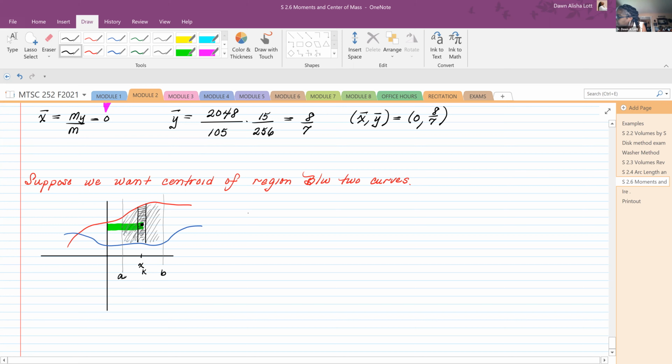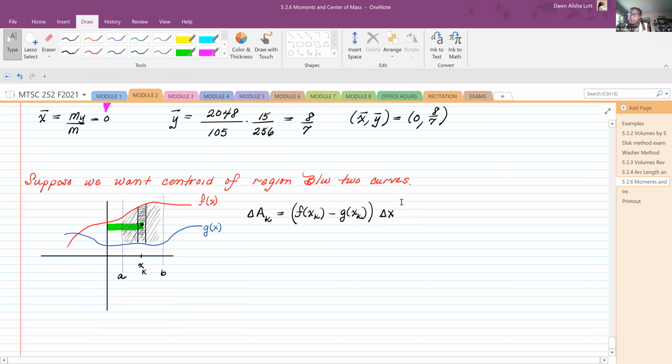The area of that little piece is going to be the top function, let's take this as f of x, and the bottom function as g of x. So the area of that little piece is to take the top height, f of x_k, subtract the bottom height, g of x_k, and multiply that by delta x.